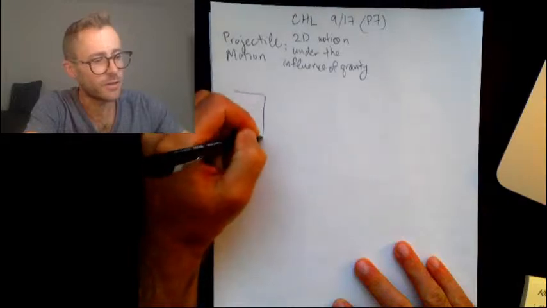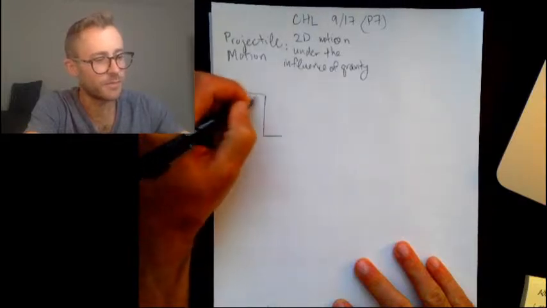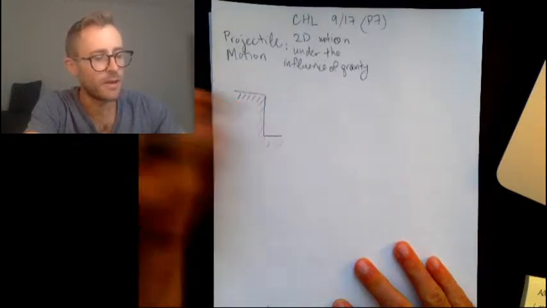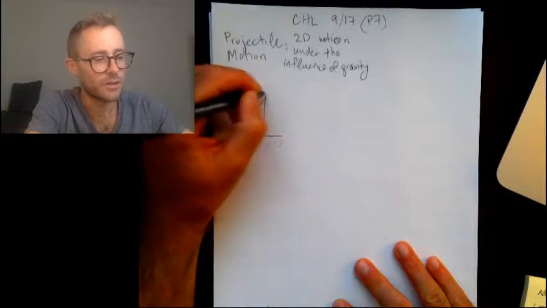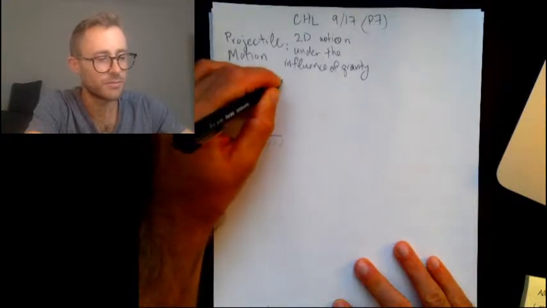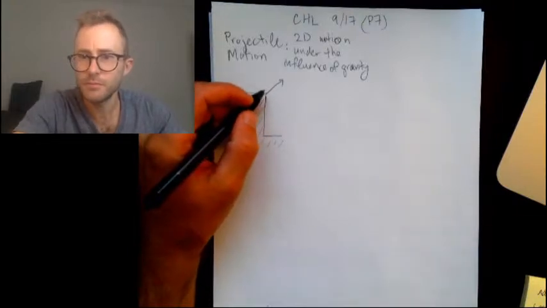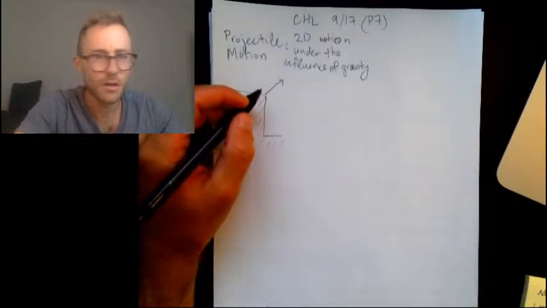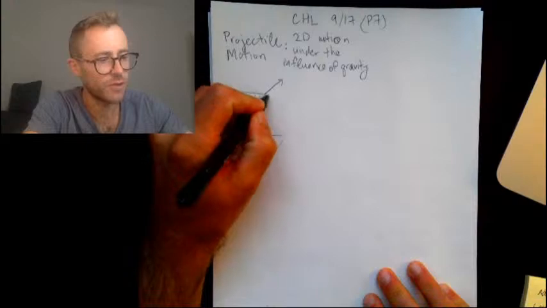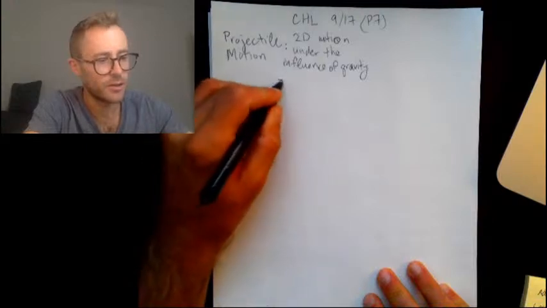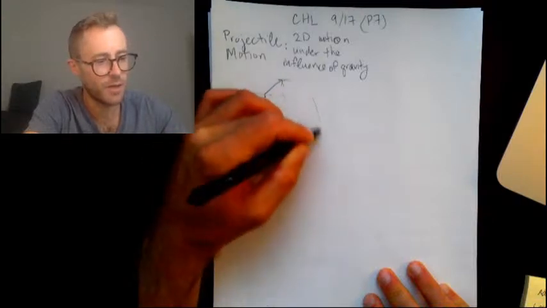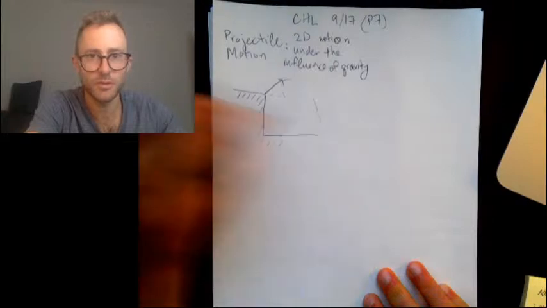You've got maybe some cliff, and you've got a projectile that is launched. The projectile is launched at an angle, and it undergoes a two-dimensional flight path and lands somewhere over here.